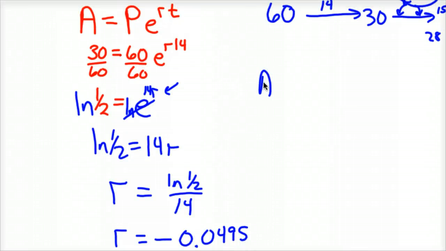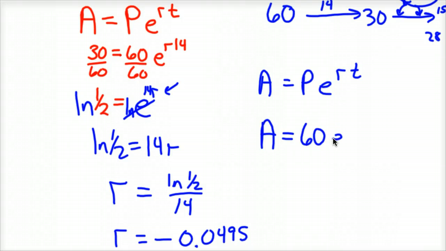So again, all exponential growth and decay formulas look like this. We want to know the amount. If we start with 60 cc's of material that decays at a negative 0.0495 t, and we know t.